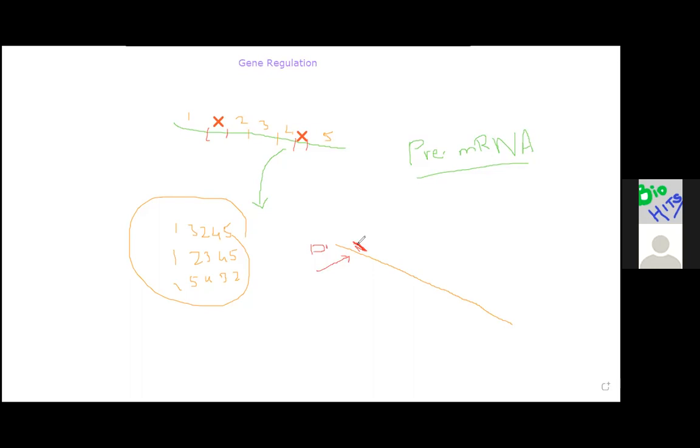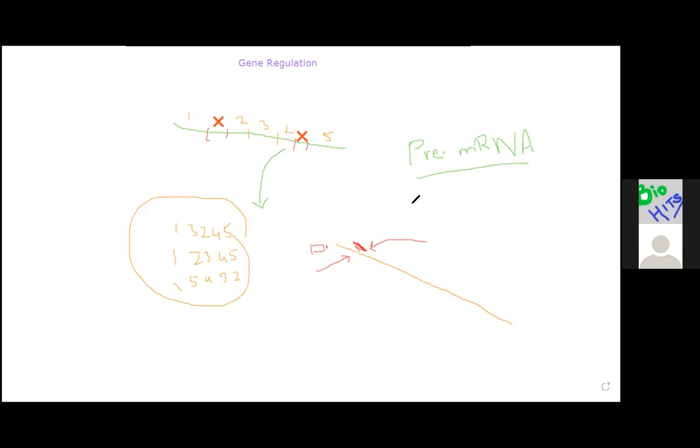Okay. Do you understand this part? Isn't that RNA polymerase? No. RNA polymerase will come, look here. For example, RNA polymerase will attach here to this transcription factor. So the transcription factor facilitates the attachment of RNA polymerase.